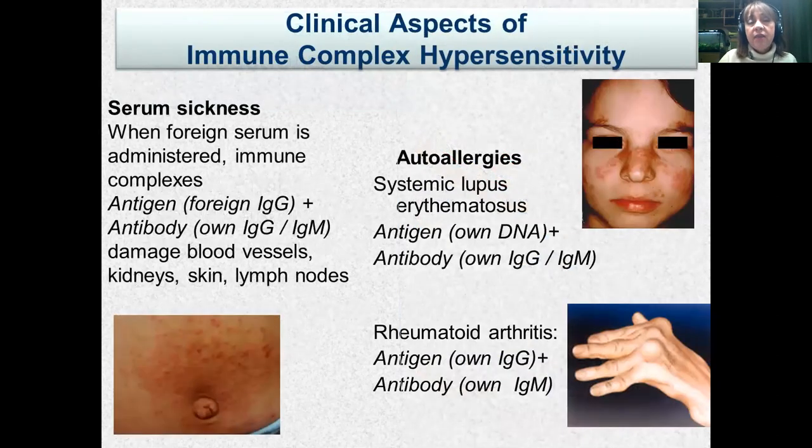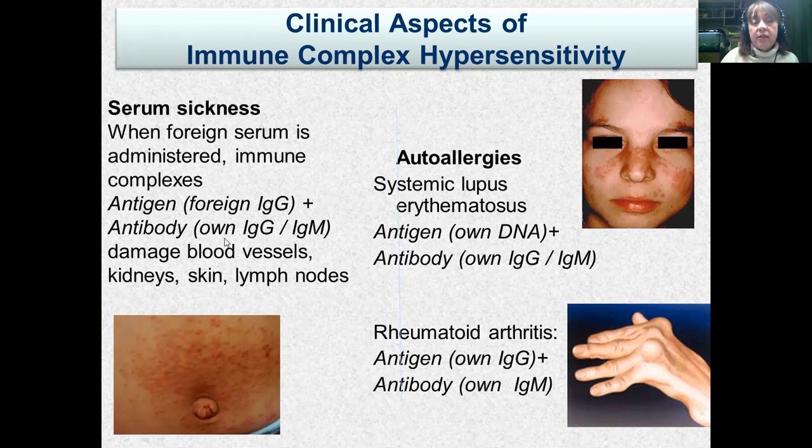And which diseases have this mechanism? It is serum sickness, which develops after injection of foreign serum, like antitoxic diphtheria serum for treatment of diphtheria. The immunoglobulins G present in the serum are an antigen for the human body, and the immune system produces its own antibodies against these foreign immunoglobulins.